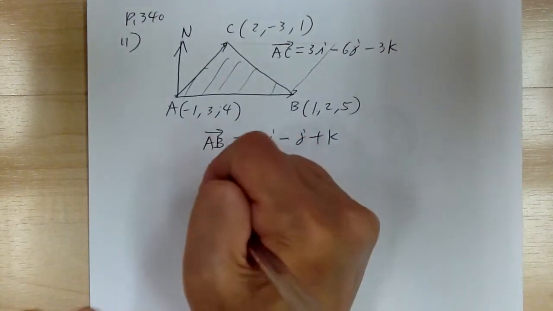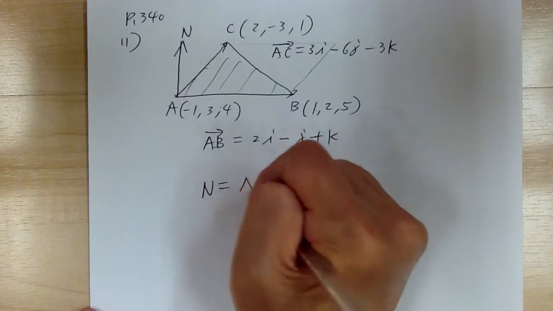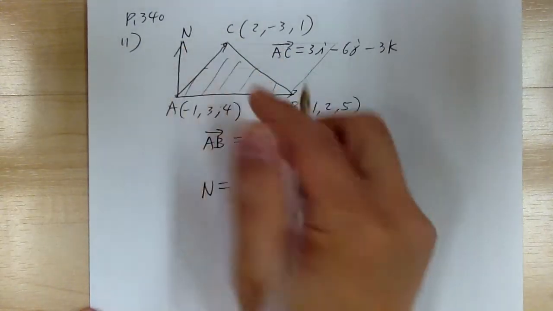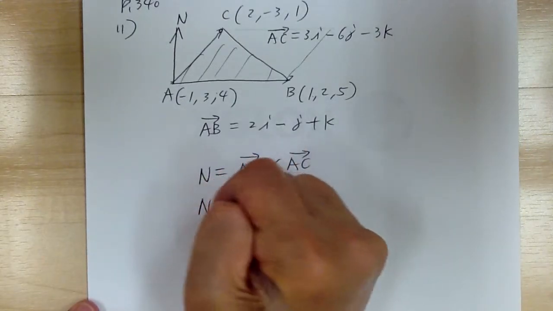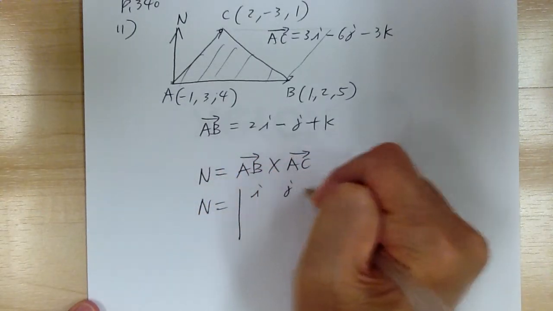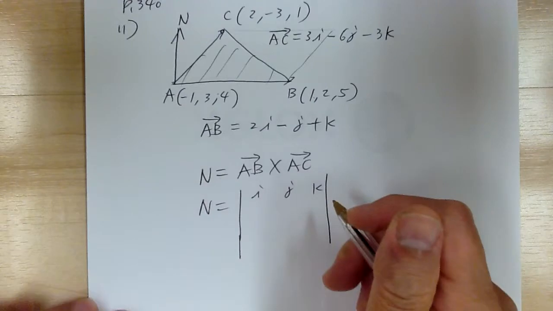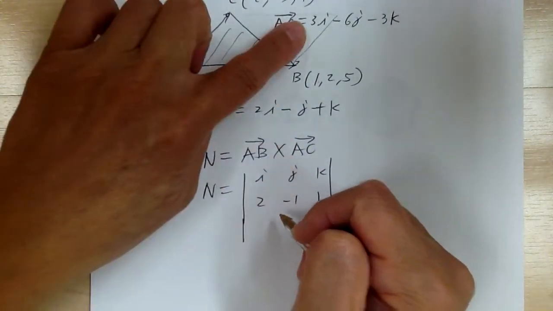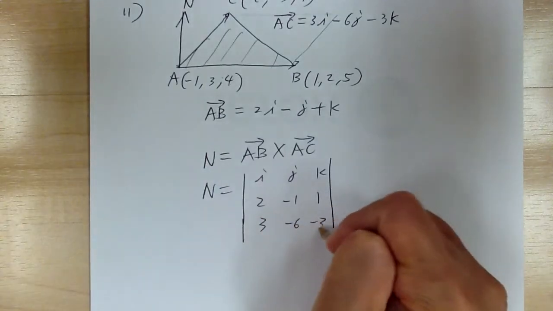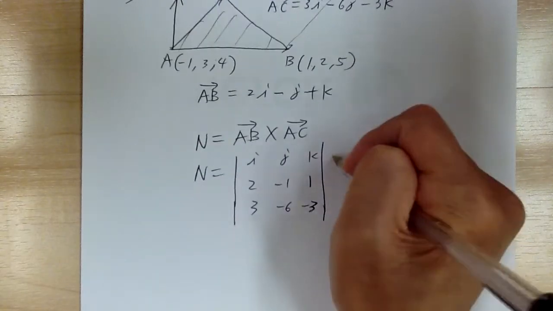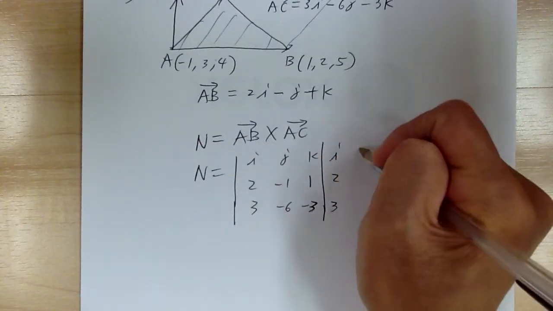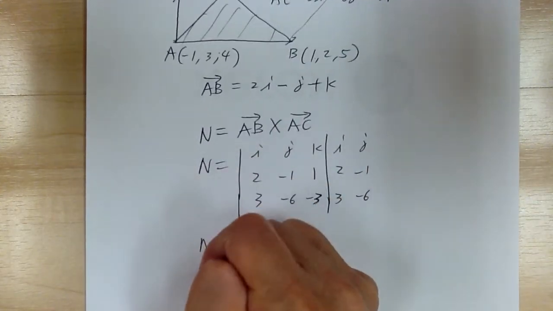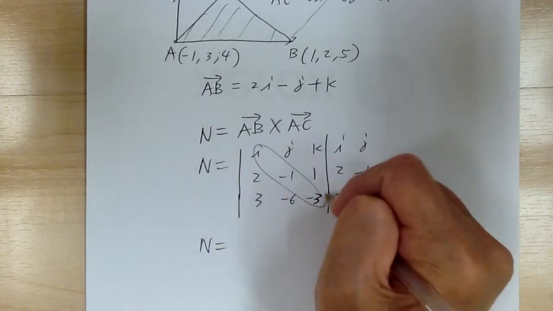Okay. So the normal is equal to AB cross AC, right? And so the normal equals the determinant with i, j, and k. AB is (2, -1, 1). AC is (3, -6, -3). Copy the first two columns. And so N equals, do the diagonals.